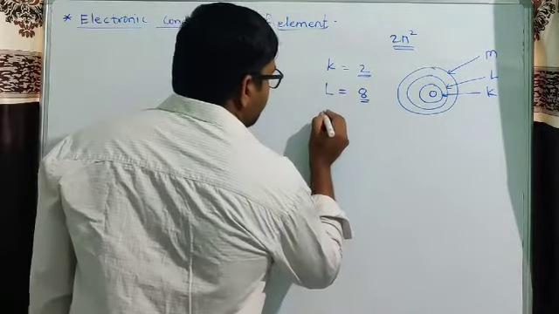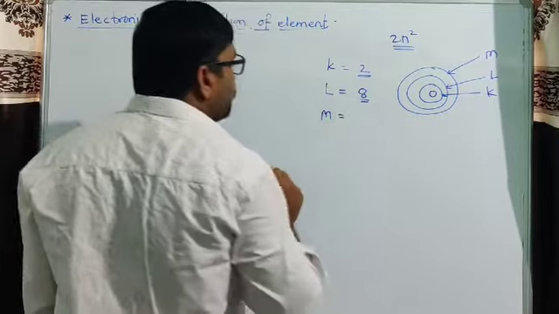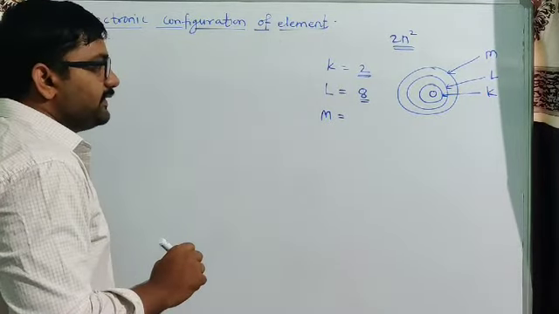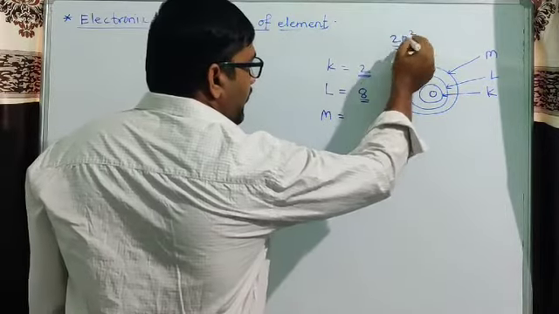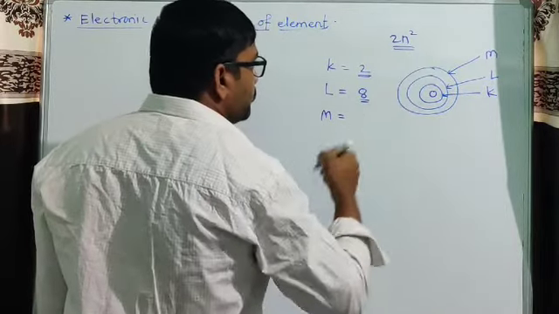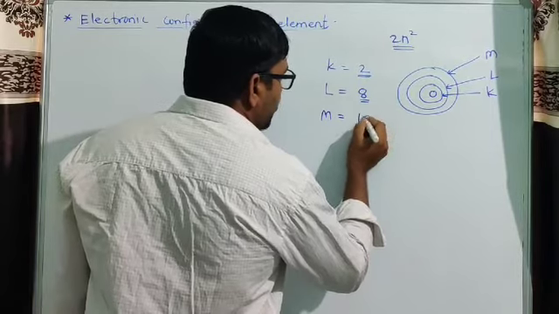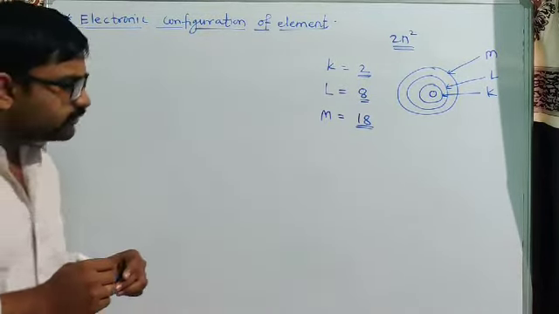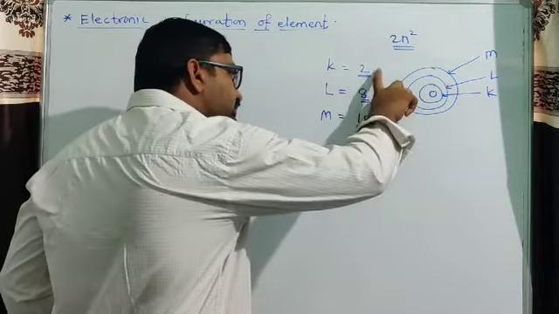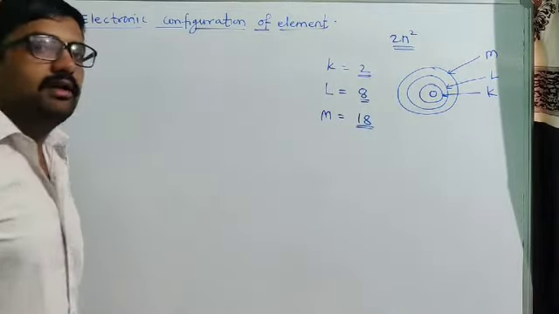Then we have studied M. It is the third shell, so for M, N is equal to 3, so 3 square is 9, 9 into 2 is 18, so the maximum number of electrons is 18. These are the maximum capacities of that particular shell.